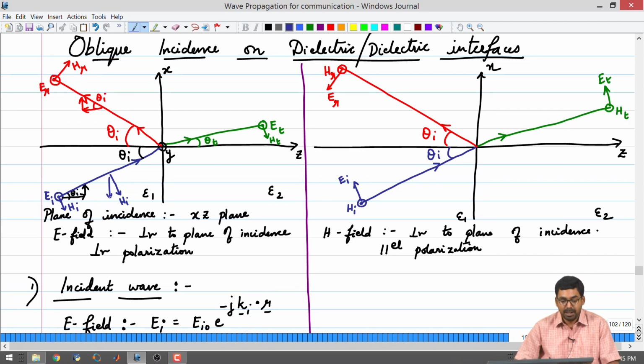So, it is pointing like this. I need to find this component and then I have to mark it for all the 3 rays at the boundary, and I have to apply that the tangential field is continuous, right.